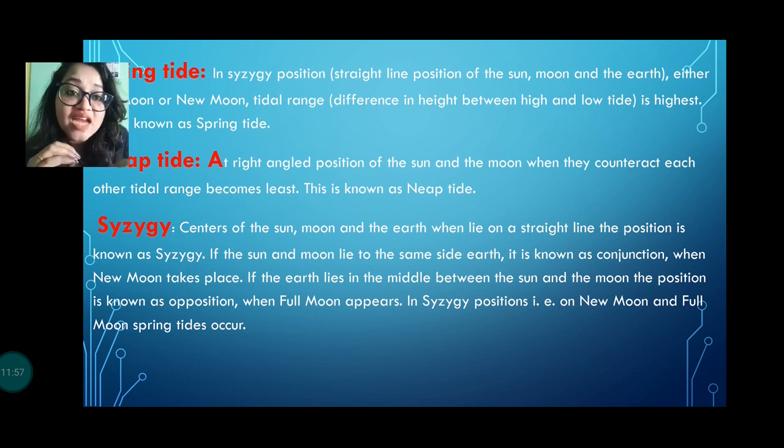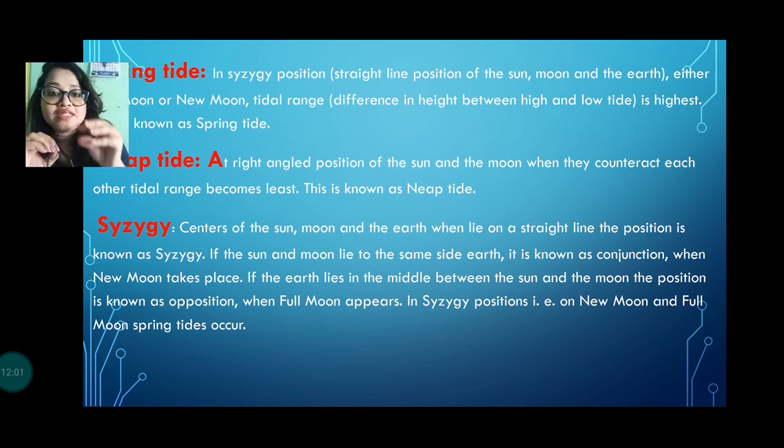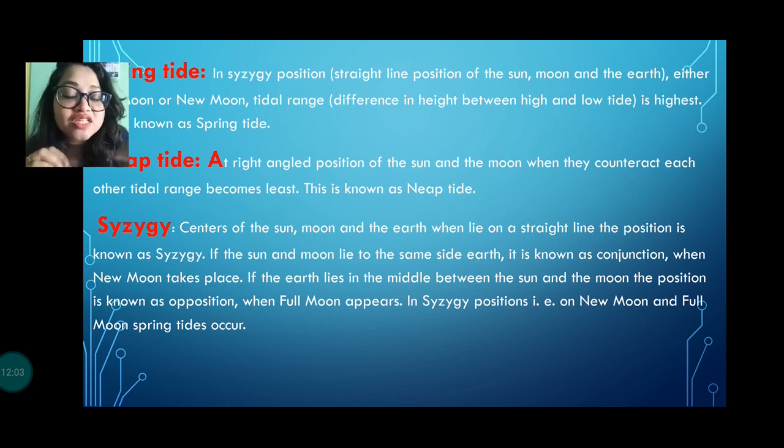Now, if the sun and the moon lie on the same side of the earth, that means the earth is on one side, and the sun and the moon are on the other side. Then this position is known as the conjunction.